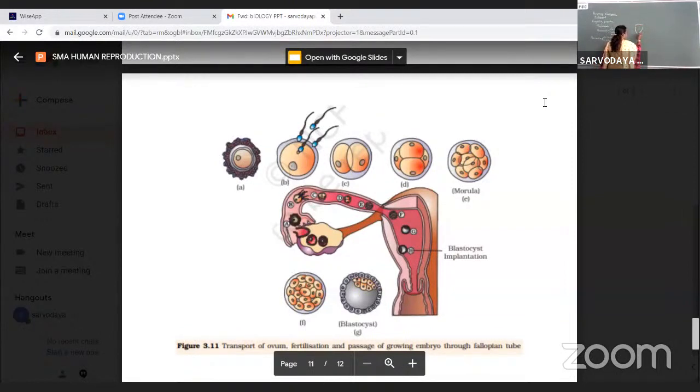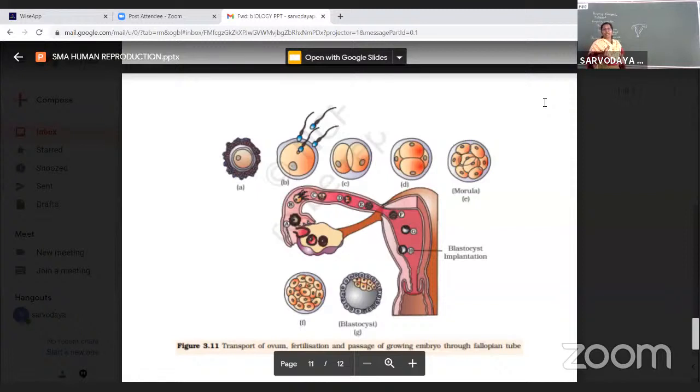I'm just drawing a diagram to understand. Now the blastocyst moves into the uterus. We all know that the uterine endometrium has become thick, so the process of implantation should occur. Anywhere in any part of the uterus, the blastocyst can be attached.